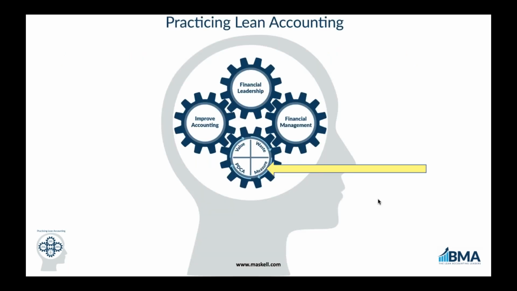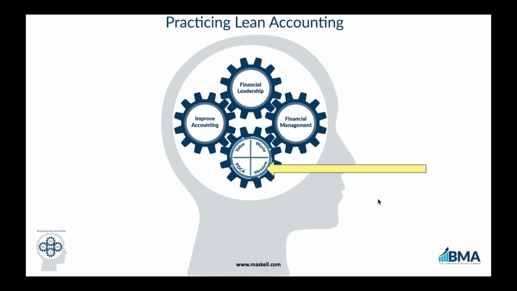So where are we on the Practicing Lean Accounting series? We've identified 7 primary practices. There are 4 foundational practices: understanding value, identifying waste, using lean measures, and using PDCA.